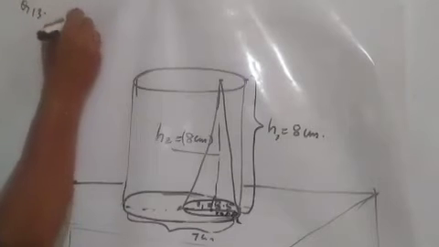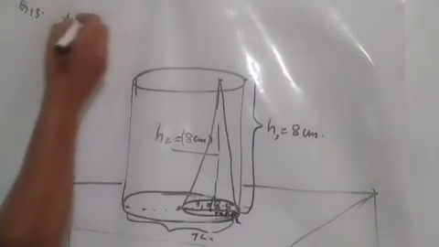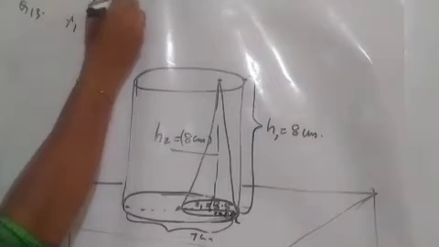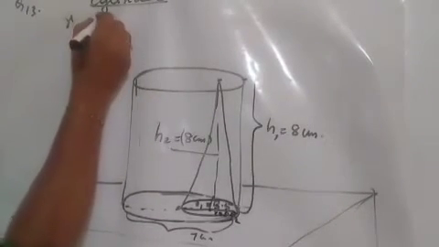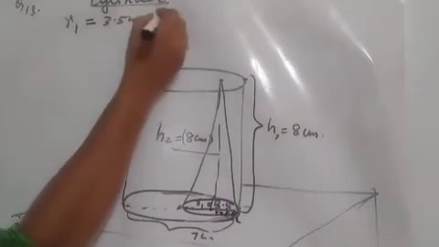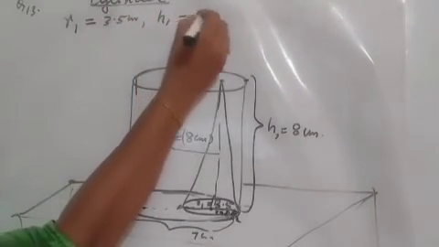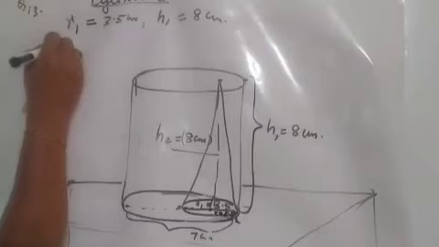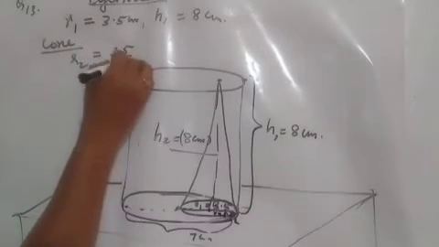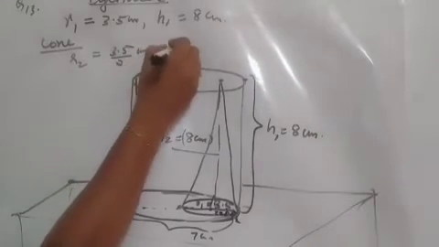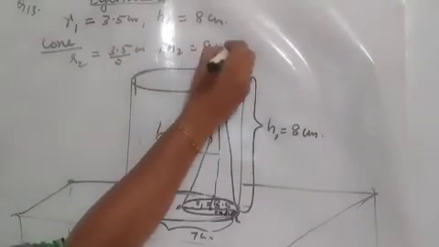Okay, let us do that. So we can write r1, radius of cylinder, is 3.5 centimeter and height h1 is 8 centimeter, and for the cone we take r2 as the radius, it's 3.5 by 2, and h2 is the same 8 centimeter.